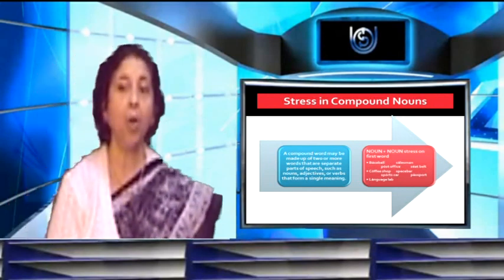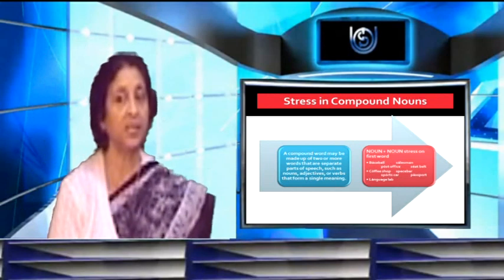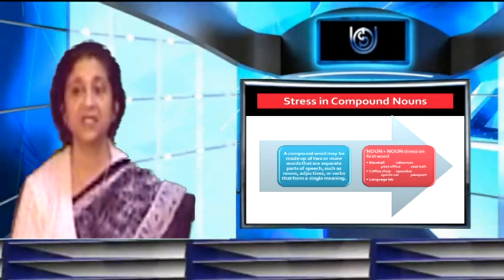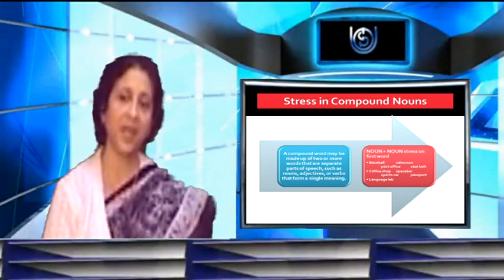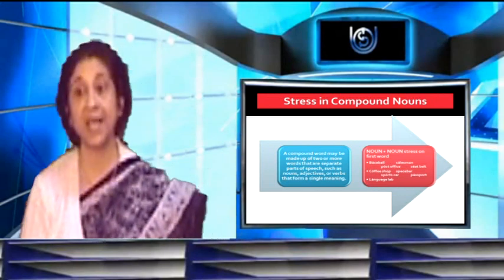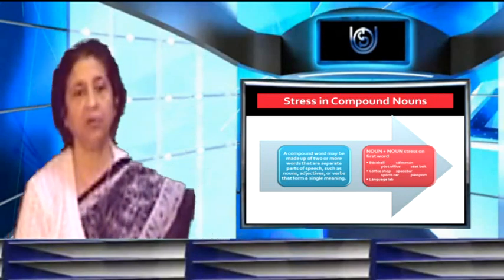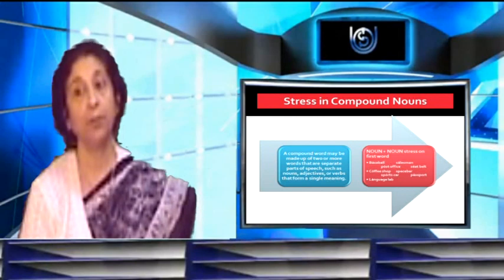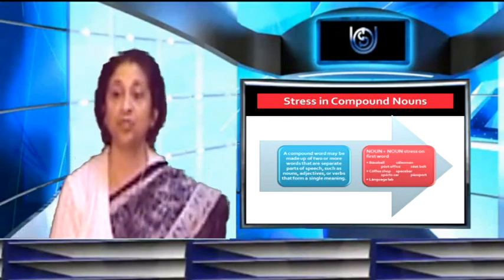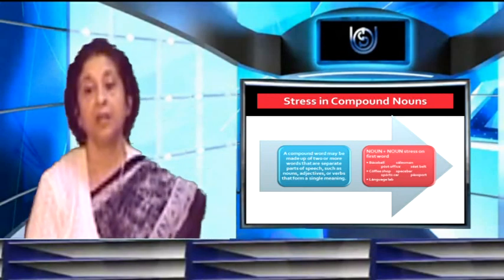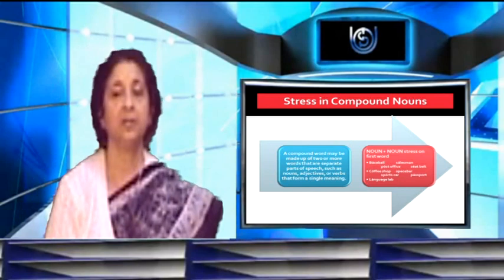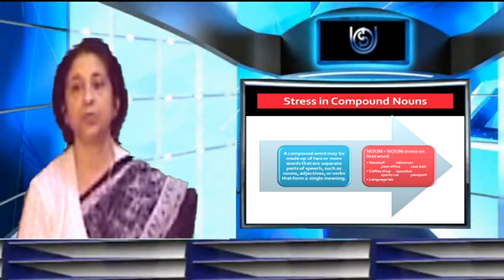Now just see, all the words are compound words made up of two noun words. Baseball, stress is on base. Salesman, stress is on sales. Post office, stress is on post. Coffee shop, the stress is on coffee. So when a compound word is noun plus noun, stress is on the first word.